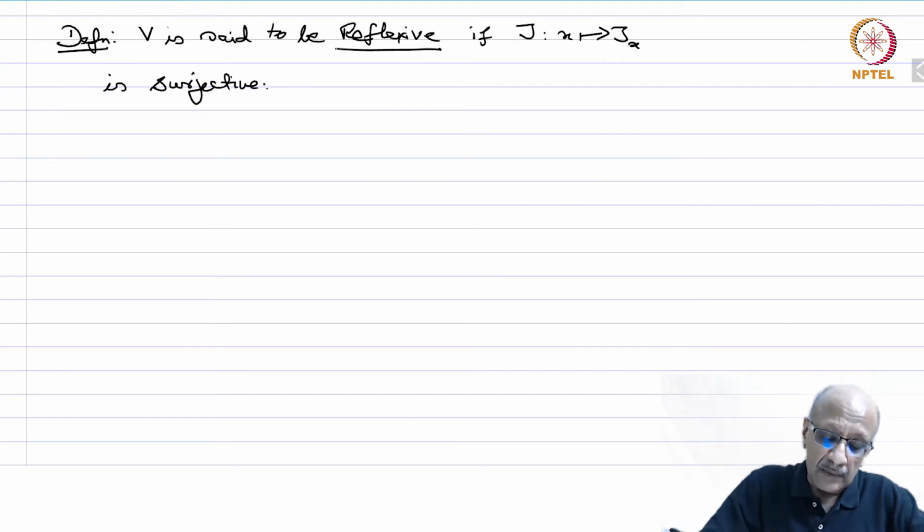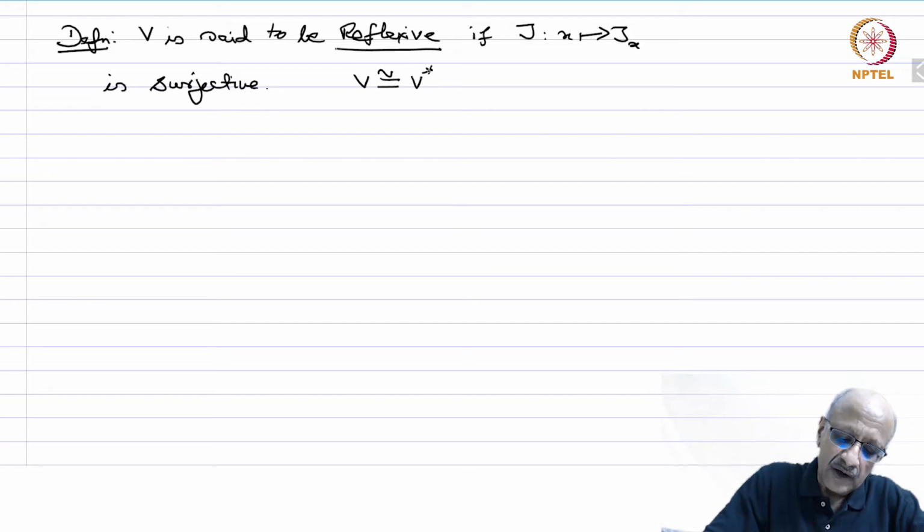Every element of V double star, that is every continuous linear functional on the dual space V star, is actually nothing but an evaluation functional. It comes from V and it is just evaluation at that point. So this mapping is then 1 to 1 and onto, and continuous because it is an isometry, continuous both ways, and then you have that V can be identified with V double star. This will be an isomorphism.